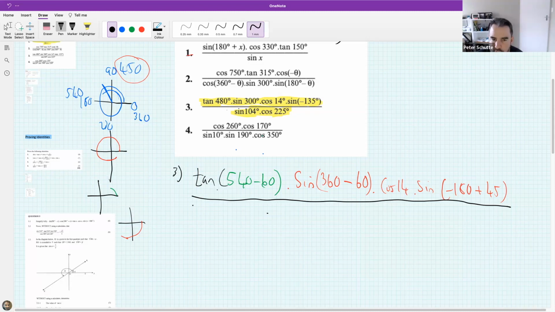So it's all about establishing where the nearest horizontal axis line is. So for this one, if you think about it, you go 0, 90, 180, 270, 360, 450, 540. And so your 480 is sitting in this quadrant, which is closest to that horizontal axis.